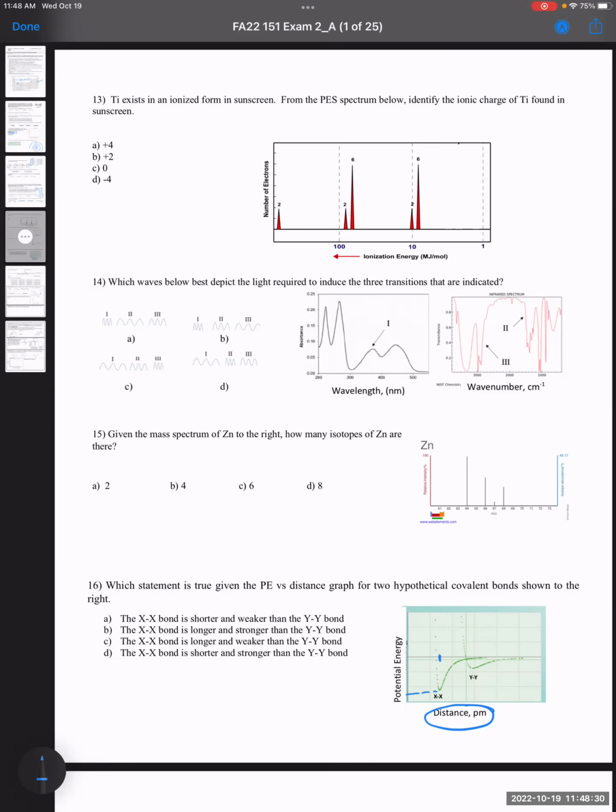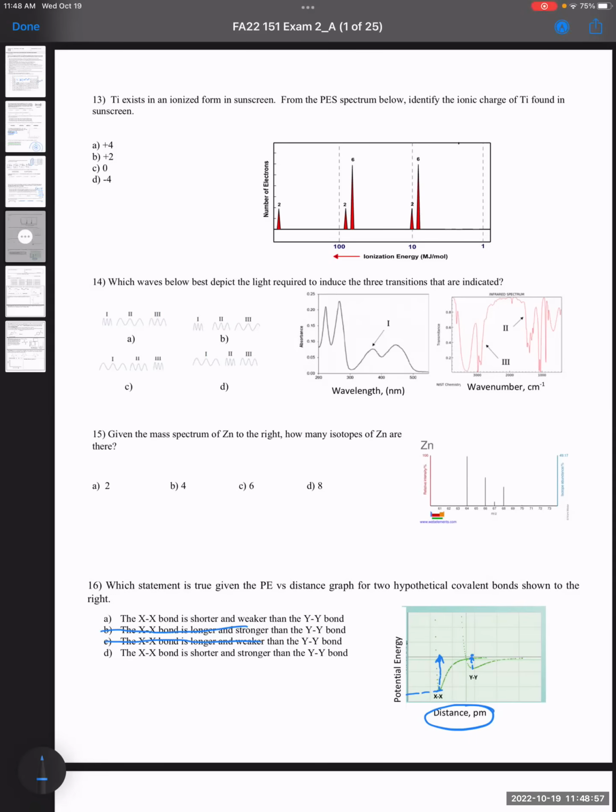Okay, because the distance at the minimum gives you the bond length. So that is going to be this much for XX, and for YY is this much. So definitely YY is longer than XX, and XX is shorter. So anything that says XX is longer is going to be out.